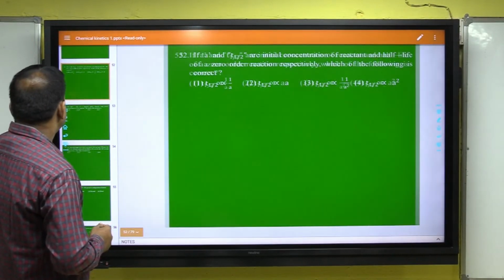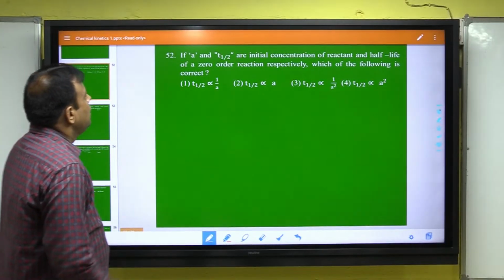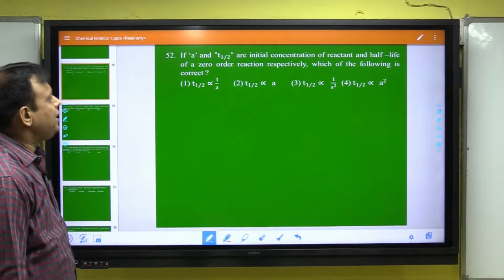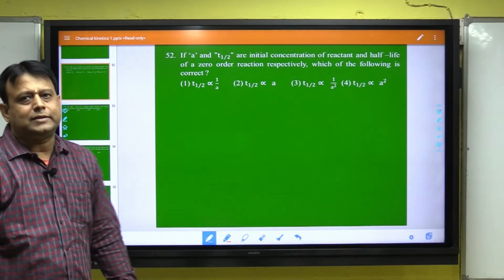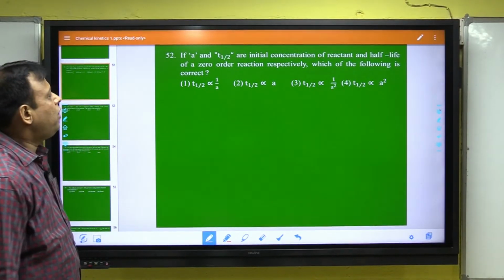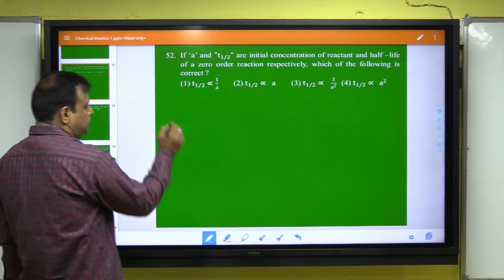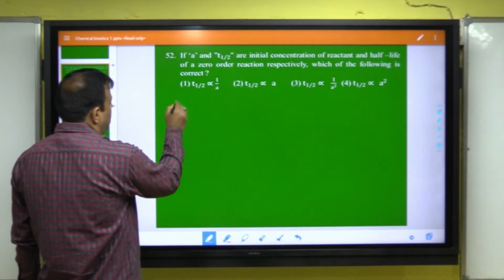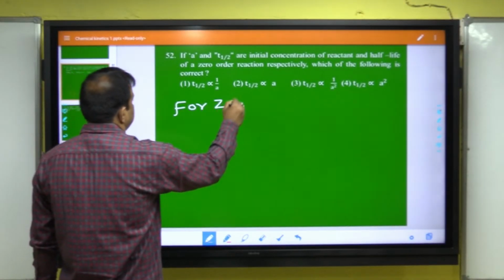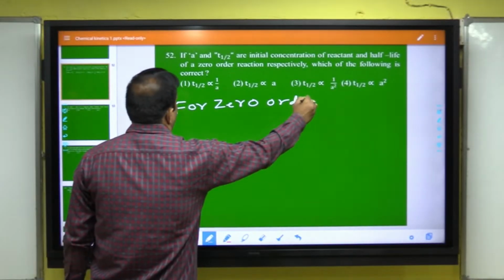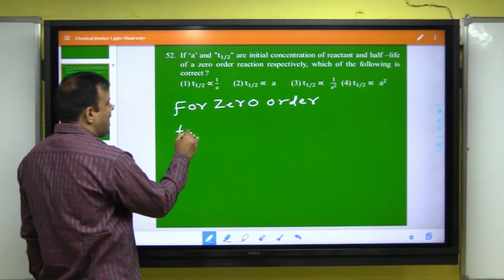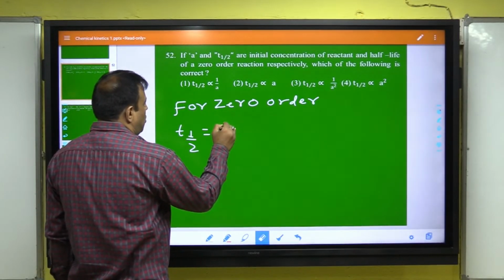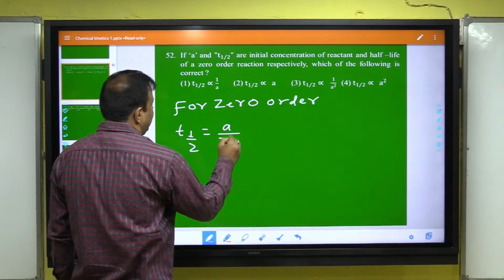52. If A and T half are the initial count of reactant and half-life of a zero order reaction, which of the following is correct? Look at the board. For zero order, half-life is equal to A by 2K.